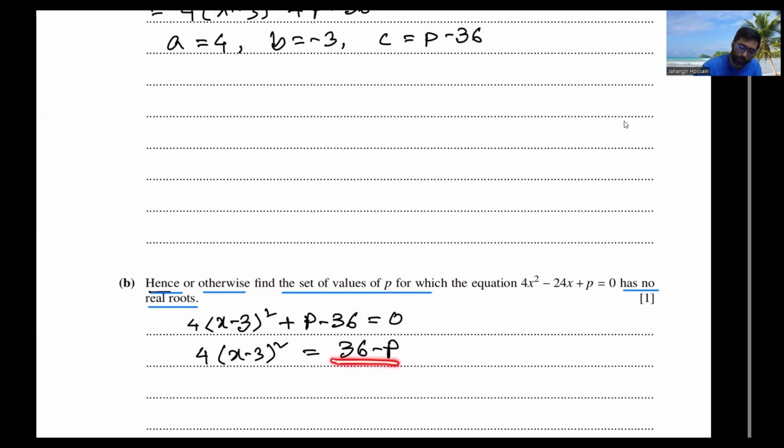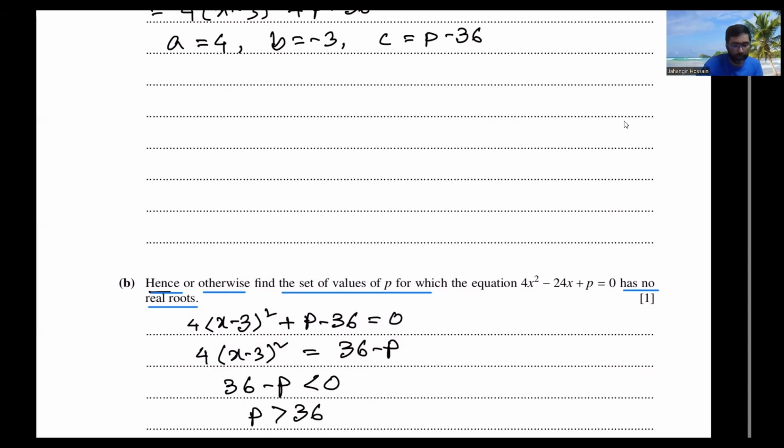The square of a real number is always positive. Since this equation has no real root, the right-hand side will be negative. So you can directly say, since there is no real root, 36 minus p is less than 0. So p is greater than 36. That's the set of values of p.